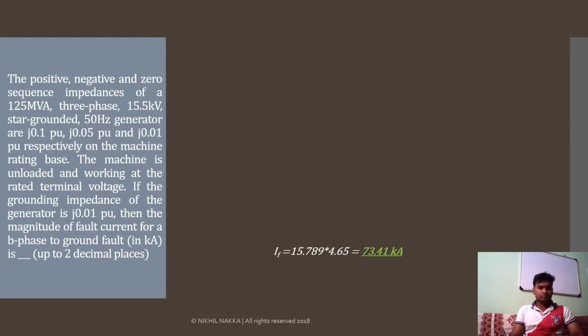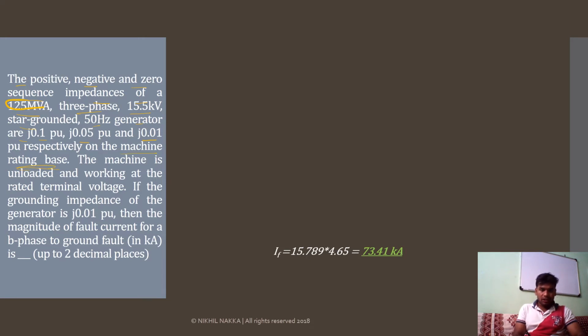So let's start discussing our GATE questions. First question of the day: the positive, negative, and zero sequence impedances of a 125 MVA three-phase 15.5 kV star grounded 50 Hz generator are j0.1 per unit, j0.1 per unit, j0.05 per unit, and j0.01 per unit respectively on the machine rating base.